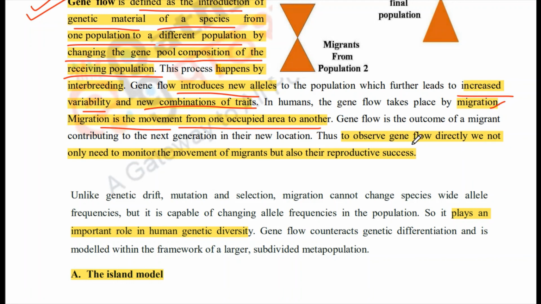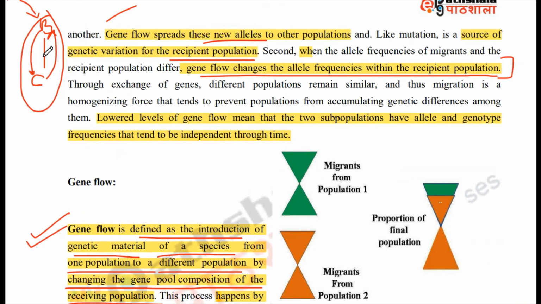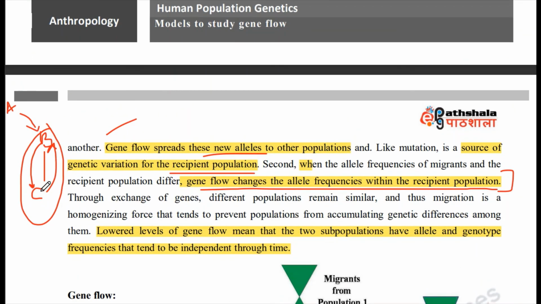To observe the gene flow directly, we not only monitor the movement of migrants but also their reproductive success, because it is not just about the movement of genes; they also have to be passed on and sustained in the gene pool for generations. So we also have to ensure that the population the gene is flowing to is not a reproductive isolate, not a terminal end, where there is less chance of it being passed to the next generation.